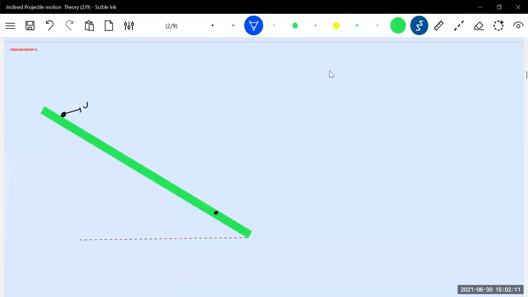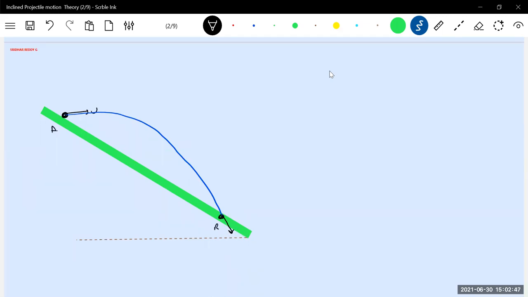Well, I'll throw this particular ball horizontally. Then it is going to describe a trajectory and it will come and strike the inclined plane.